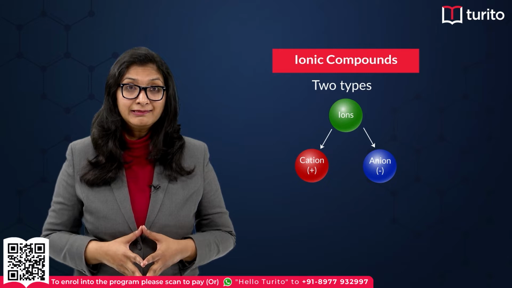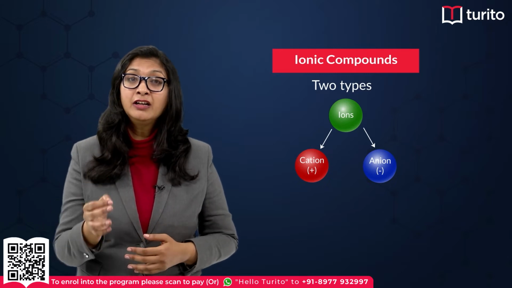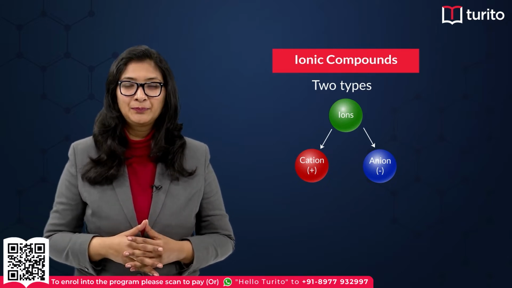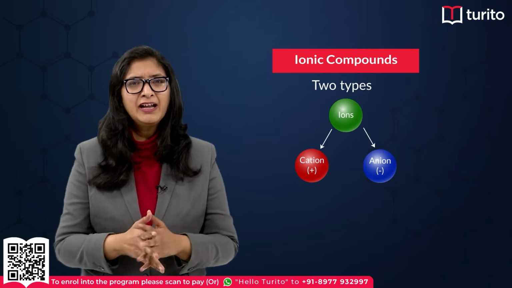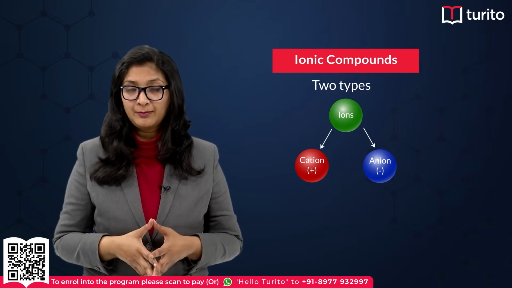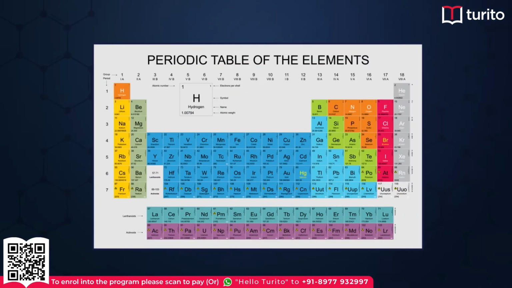Now let us see how to derive the formula for ionic compounds. Okay. So over here, as you know, in the periodic table there are many groups, and if I am talking about any group, it will acquire a particular charge. The first group will acquire +1 charge.